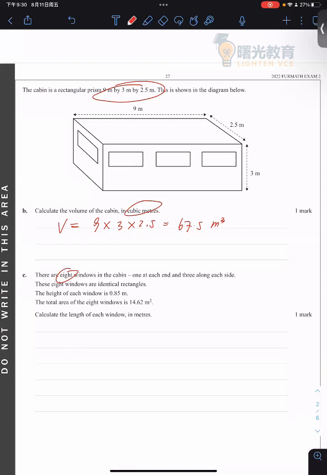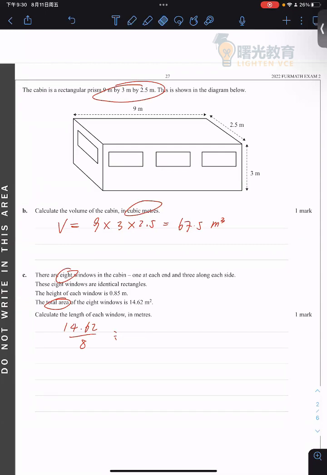I cannot say you are wrong, however, the area is the total area, okay? So you must take 14.62 and divide it by 8 to find the area of a single window, all right? And then you divide it by the 0.5.